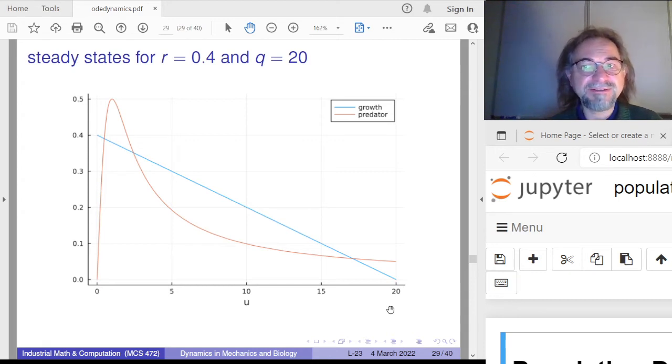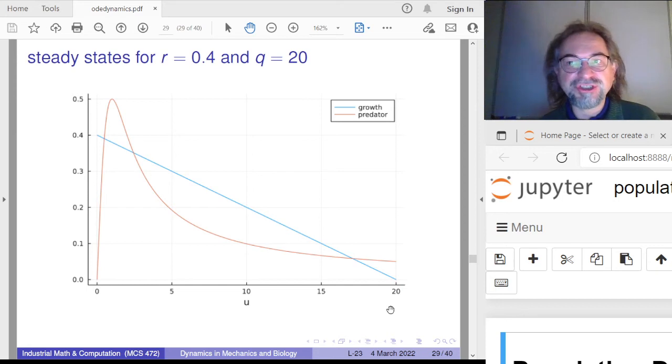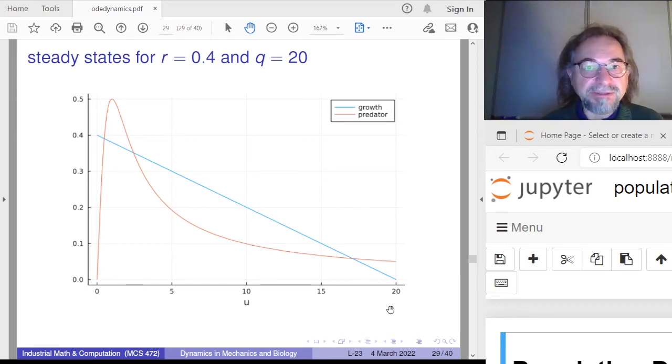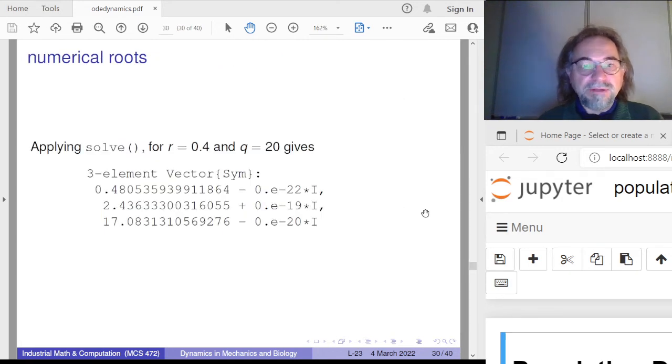And then we had this nice shape of the predator term. The predator term here makes this red curve, and there are three intersection points. So we may expect, and we will see, that there are three critical points, three equilibrium points. We call them steady states. So let's solve them.